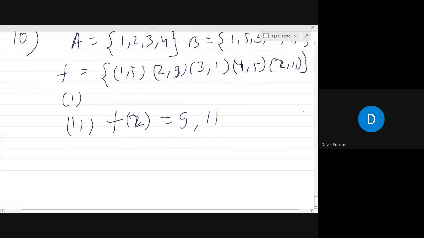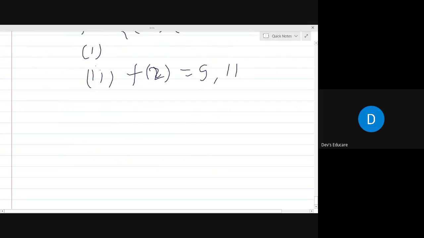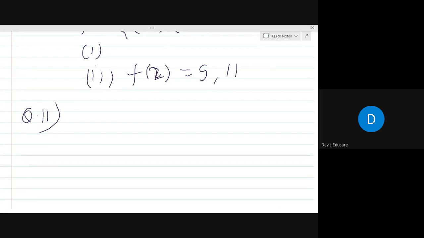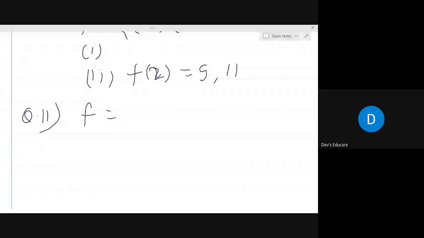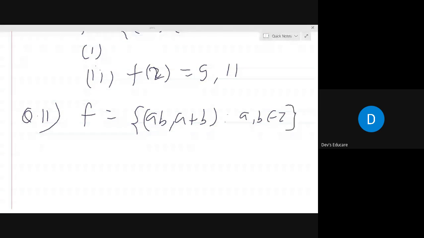Now question number 11 and 12. Question number 11. Let F be the subset of Z to Z defined by F = {(a, b), (a plus b)} such that a, b belongs to Z. Is F a function from Z to Z?